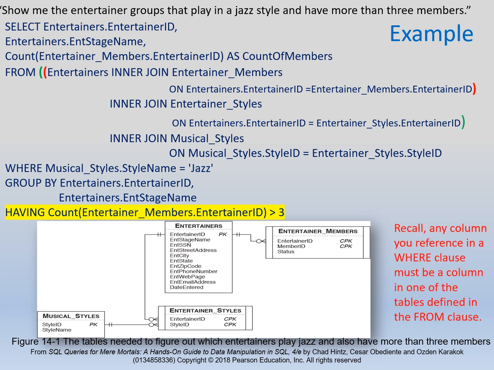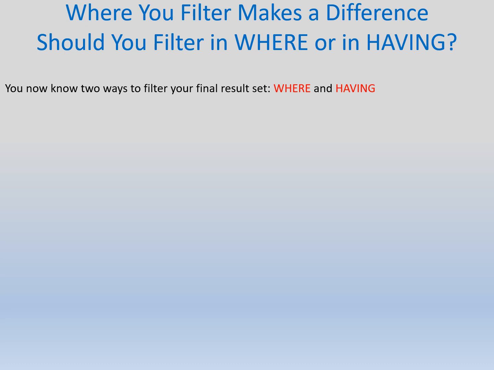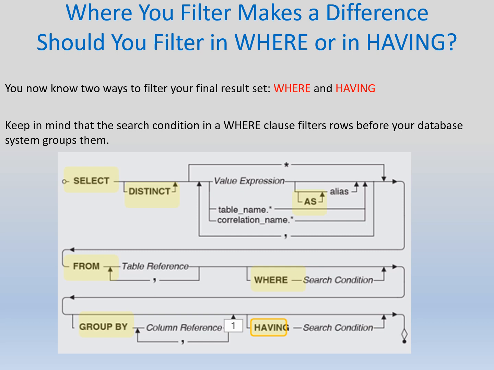Again, recall any column you reference in a where clause must be a column in one of the tables defined in the from clause. Where you filter makes a difference. We have been filtering using the where clause. Now we are filtering using the having clause.